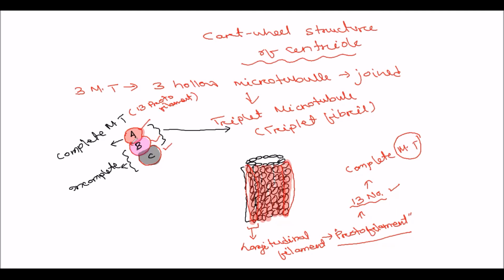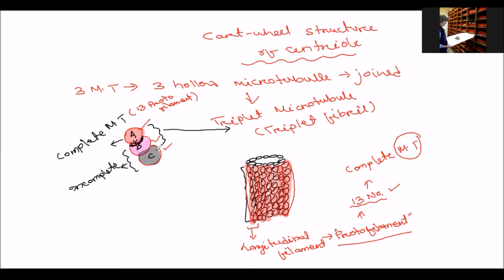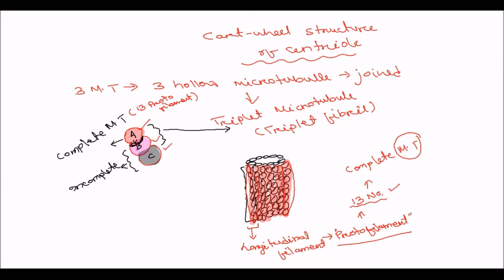This part of the B microtubule is contributed by the wall of the A, and this part of the C microtubule is contributed by the wall of the microtubule B. So this is not complete because there is absence of 13 protofilaments.